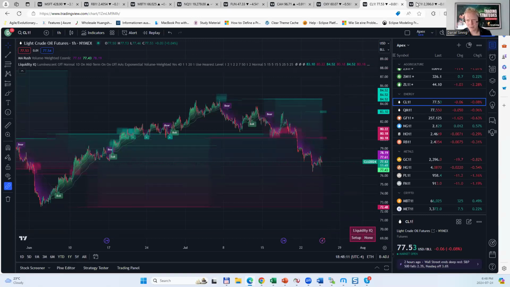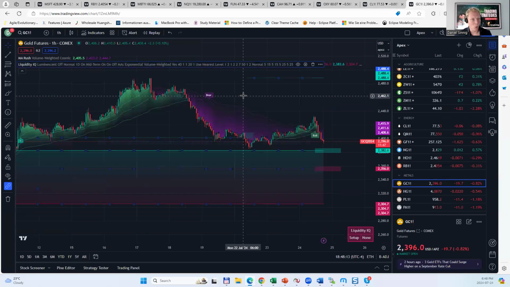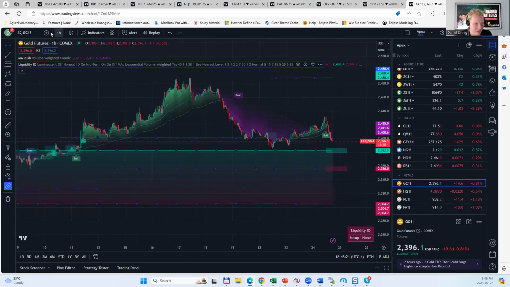And one more example, we have gold here, an interesting one. So here we did have a zone break. So price broke, and this is the hourly time frame. Price broke above resistance. Momentum shifted to bullish at this point.